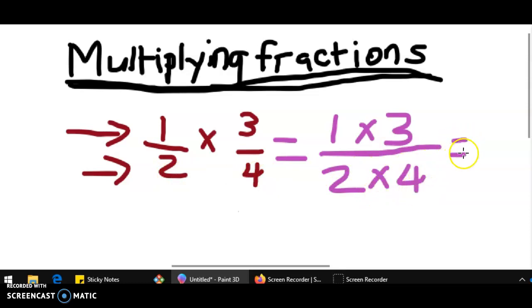We get 1 times 3 is 3. We copy the sign, over 2 times 4 is 8. And hence we have the answer 3 over 8, which cannot be simplified further.